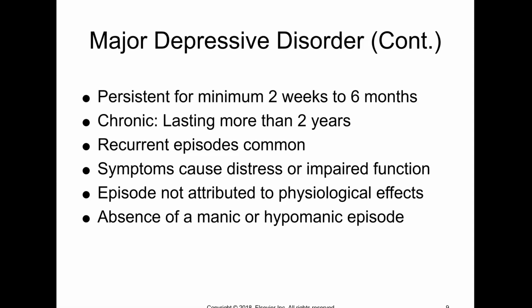They may not require medication. And these are people that, if they're in remission, usually have undergone not only medication, but also significant therapy, CBT, DBT, different ways of coping and dealing with their stressors. It's important to note that the episodes are not attributed to physiological effects.